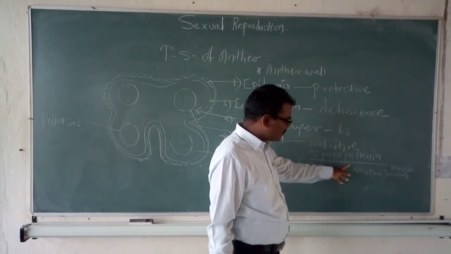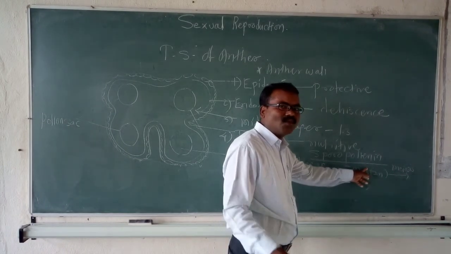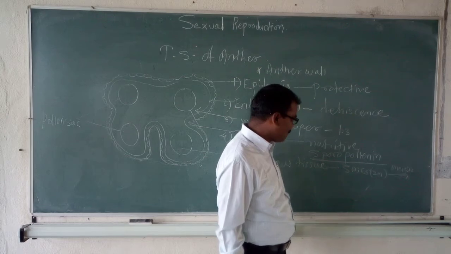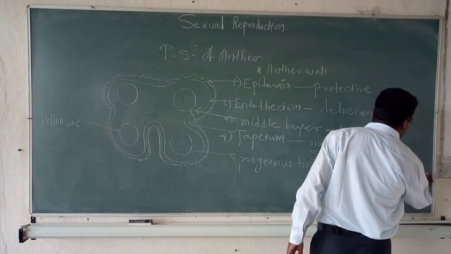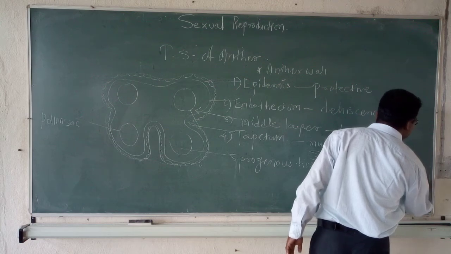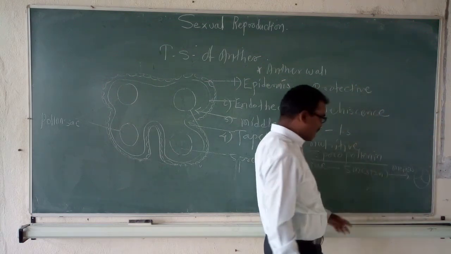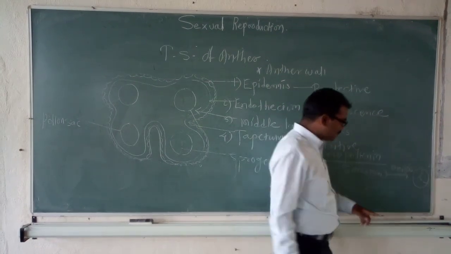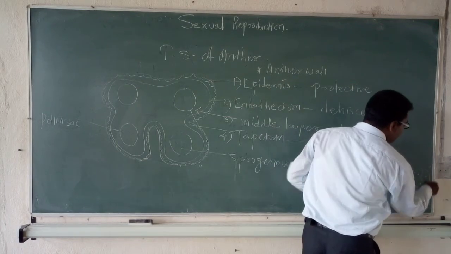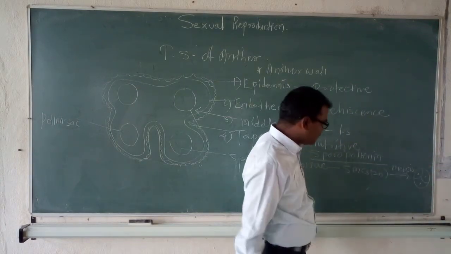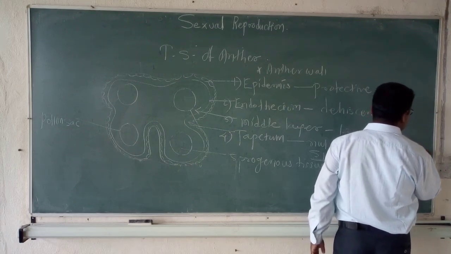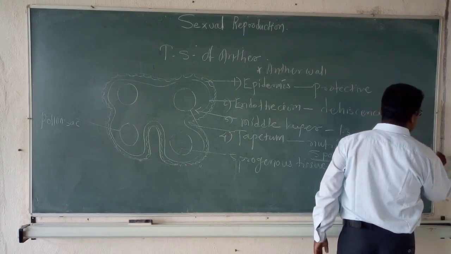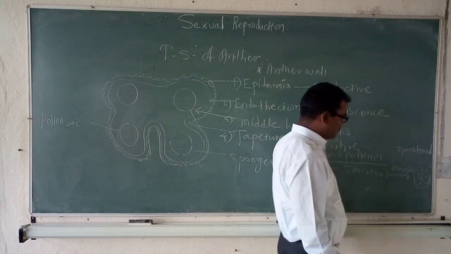The diploid spore mother cell undergoes meiosis and there is development of haploid spore tetrad. Four cells are formed after meiosis: first, second, third, and fourth, called the spore tetrad.